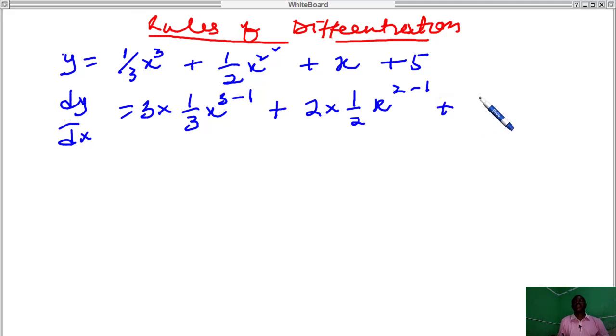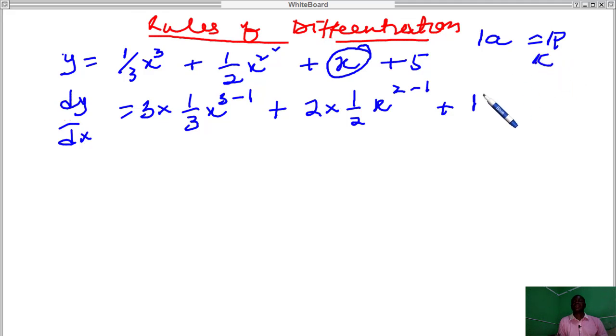Then we come here, the power is 1, so the number behind it is 1, so you write 1. For any variable, the coefficient is 1, like a is equal to 1a, p is 1p.